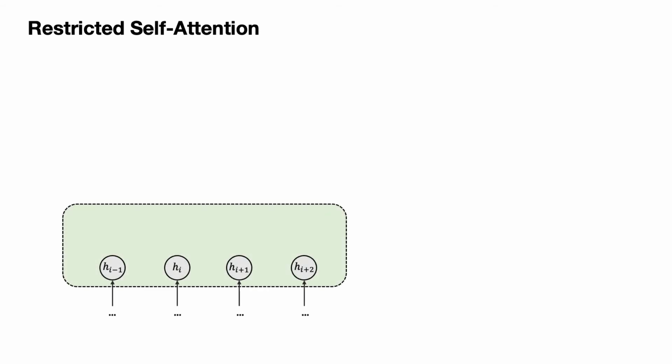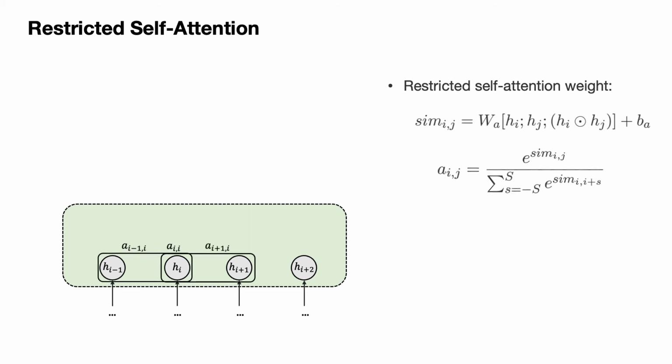Let's zoom in to see the details of a restricted self-attention mechanism. Once we have the sentence hidden states from the last bi-LSTM layer, we first compute the similarity between sentence i and its neighboring sentences within a window size. Then we do softmax on them to get the restricted attention weights for sentence i.